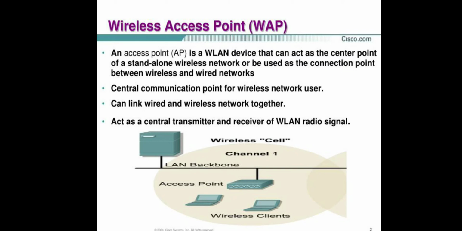It is a wireless LAN device and acts as the center point of a standalone wireless network, or is used as the connection point between wireless and wired networks. Central communication point for wireless network users, it can link wired and wireless networks together, and act as a central transmitter and receiver of wireless LAN radio signals.